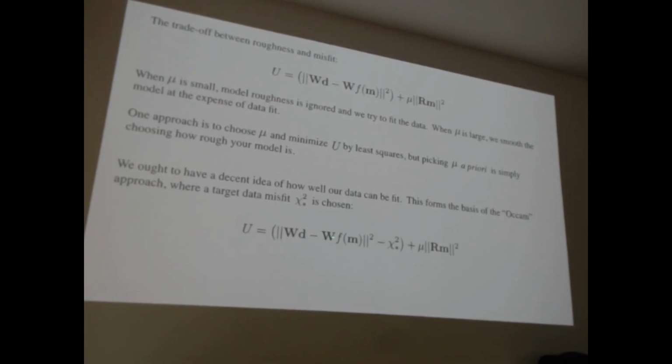I want to find a misfit roughly equal to RMS 1, that's good enough for me. I can say I fit my data if I'm fitting to a regular error bar on average. And then I make my model as smooth as possible. That's the thing that I introduced with Kathy and Bob Parker a long time ago called Occam's inversion. And one way or another, it's what almost everybody does.